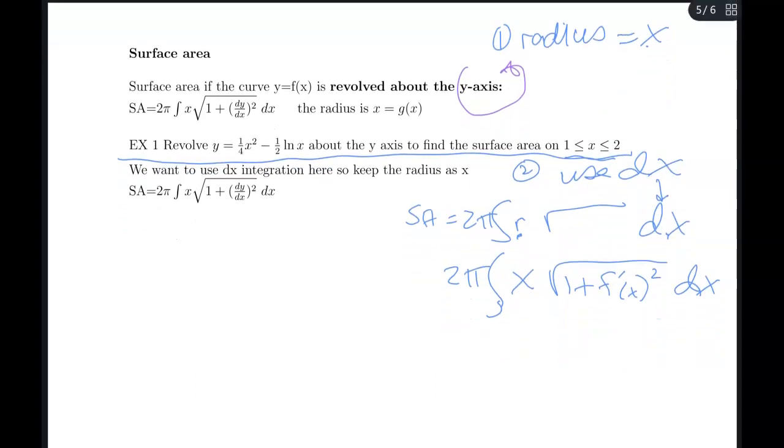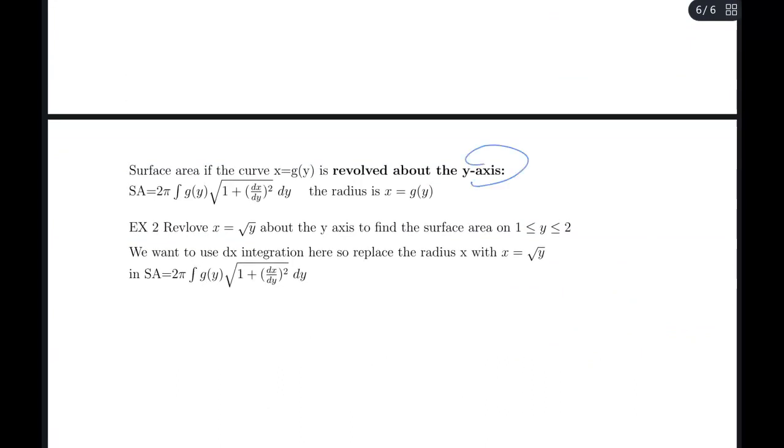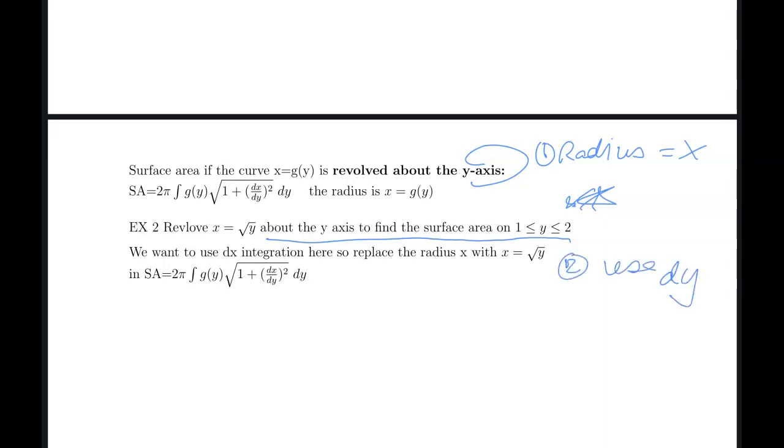Then this next one, same thing, revolving around the y-axis. First thing, identify that the radius is x. Looking at the problem, and this is usually the big thing, the second thing I want to identify is that I want to use dy. So surface area is 2 pi radius, arc length, dy, and my radius is x.